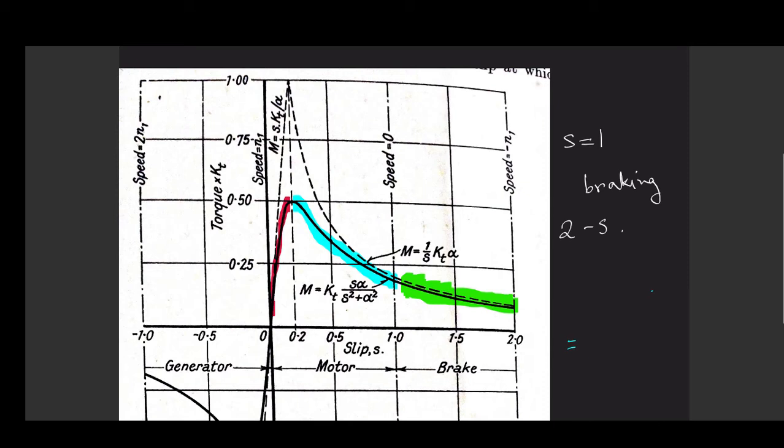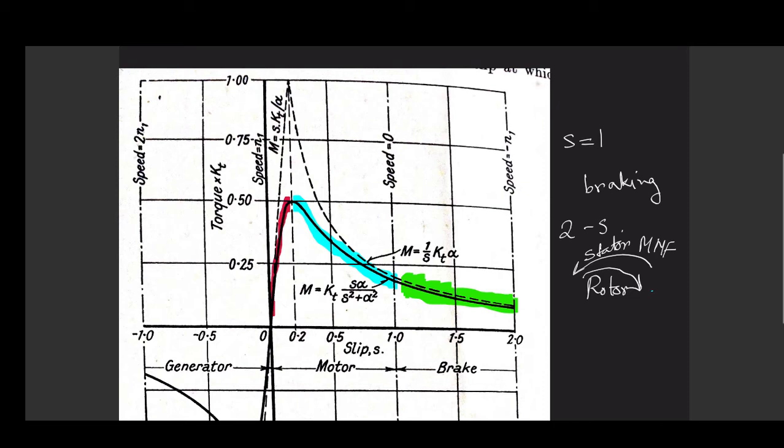Because this region represents that the rotor is rotating in, say, the clockwise direction, and your stator MMF is rotating in the counterclockwise direction. So what slip will you get here?